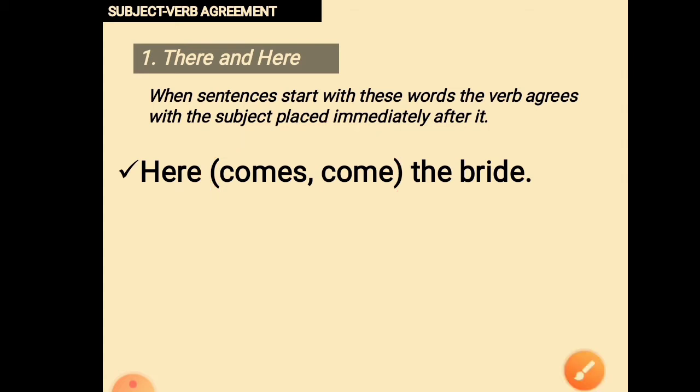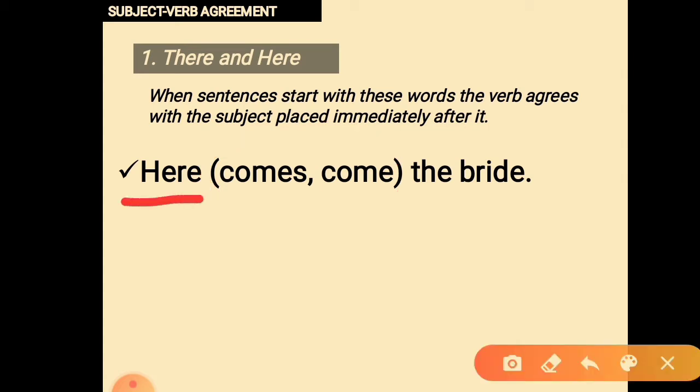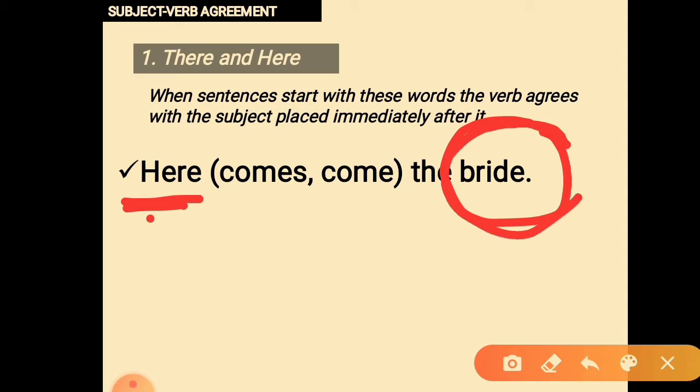So ang pagbabasihan natin, hindi ito, kundi yung the bride, okay? Again, kapag merong word na here or there, ang pagbabasihan nating that would agree to the verb is not the word here, kundi ang noun dito at after it, after sa verb, okay?